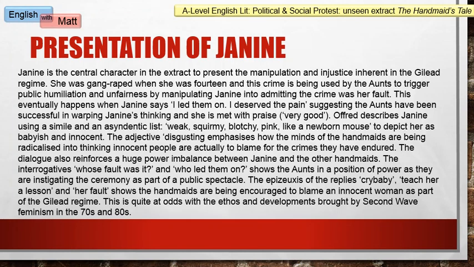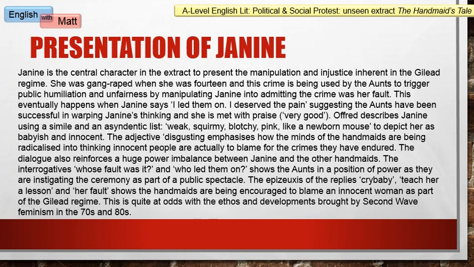This eventually happens when JANINE says, "I led them on, I deserve the pain," suggesting the aunts have been successful in warping Janine's thinking, and she is met with praise. Very good. Offred describes JANINE using a simile and an asyndetic list, "weak, squirmy, blotchy, pink, like a newborn mouse," to depict her as babyish and innocent.